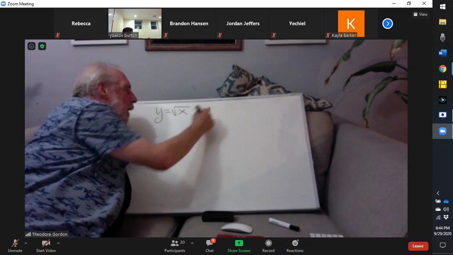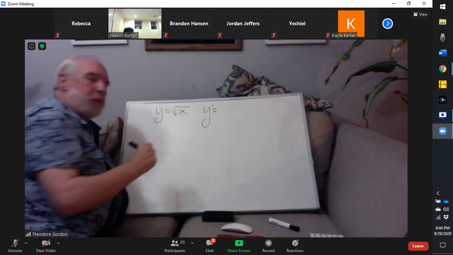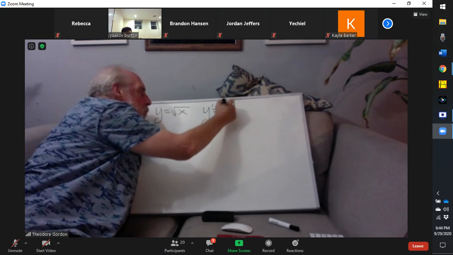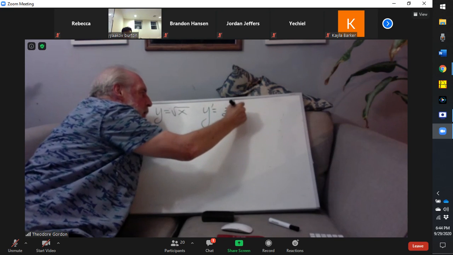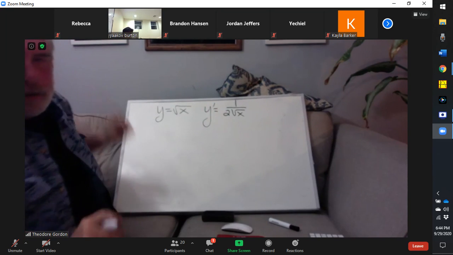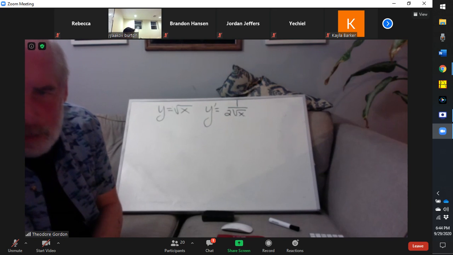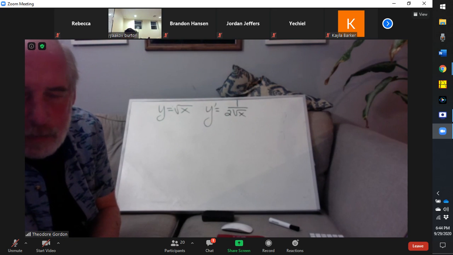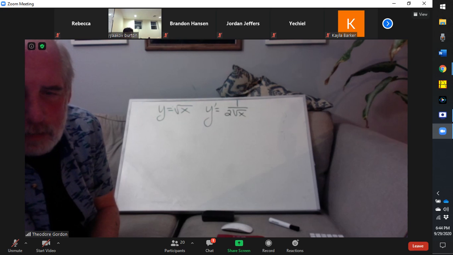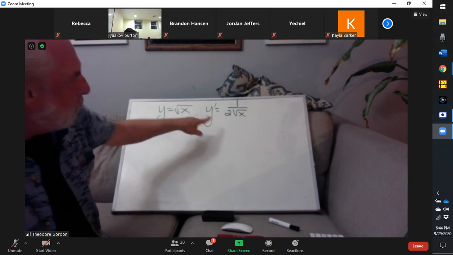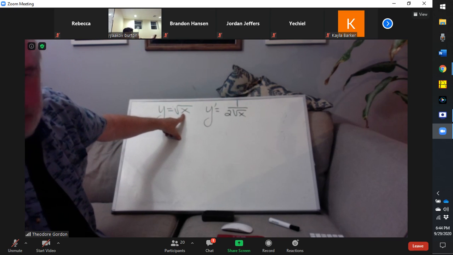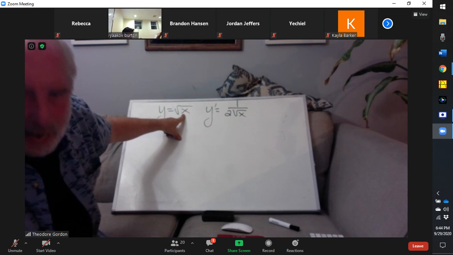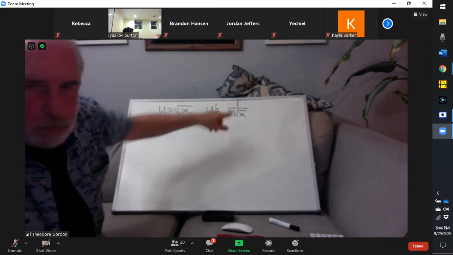We need to do that derivative. The derivative of the square root of x is 1 over 2 times the square root of x. I'll pause right there in case anybody has a question about that. Questions about if that's the derivative? To do the steps in between, you would change this to x to the 1/2 power and then do the derivative, and you'll end up with this.